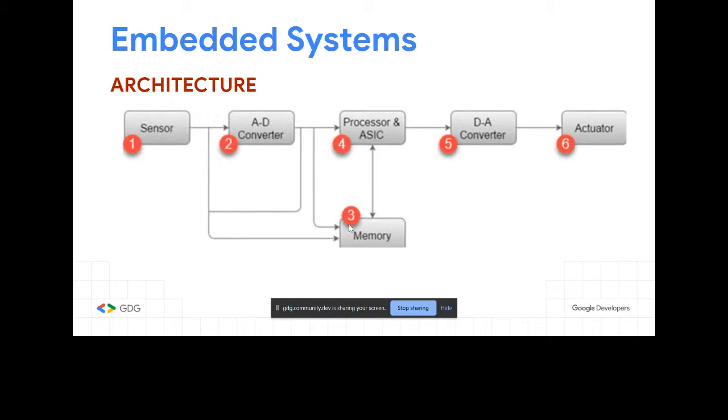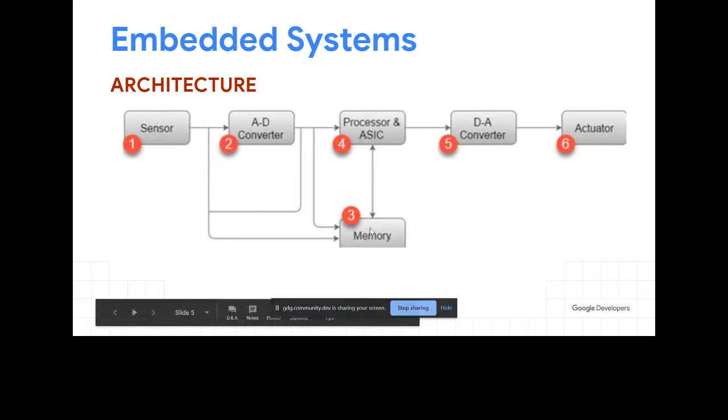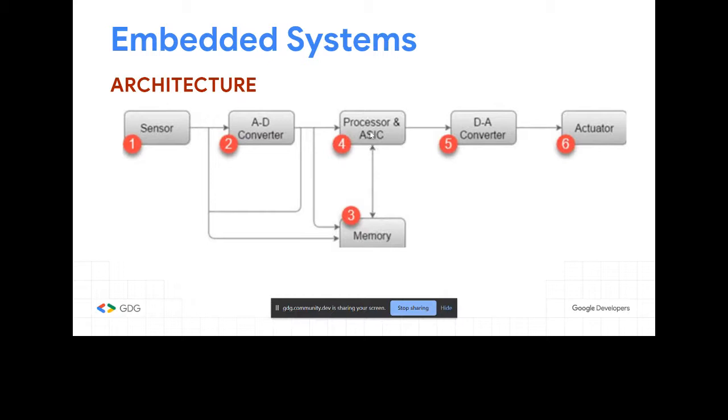Then we go to the memory, where obviously we store the information. After here, we go to the processor, which is going to process data to measure the output, and it's going to store it in the memory.